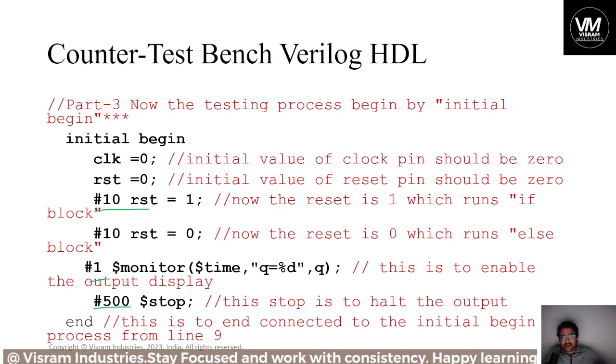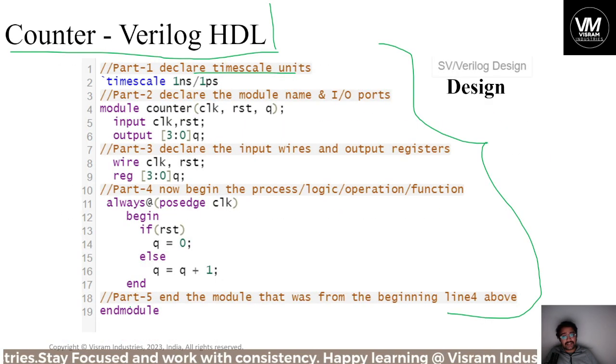This says after 500 nanoseconds, after 1 nanosecond, after 10 nanoseconds. That will be understood by the Verilog HDL EDA tools because of the `timescale. You can enter this tick mark with the key above the tab button. So `timescale 1ns/1ps.